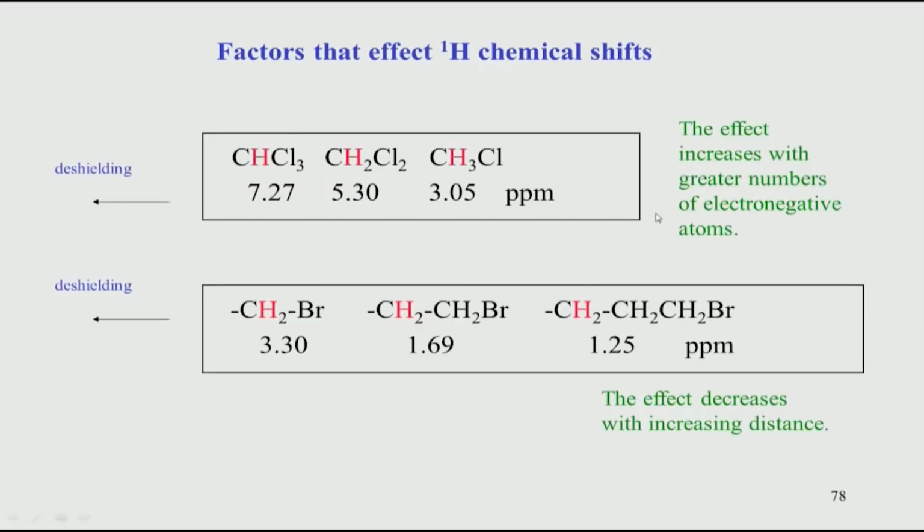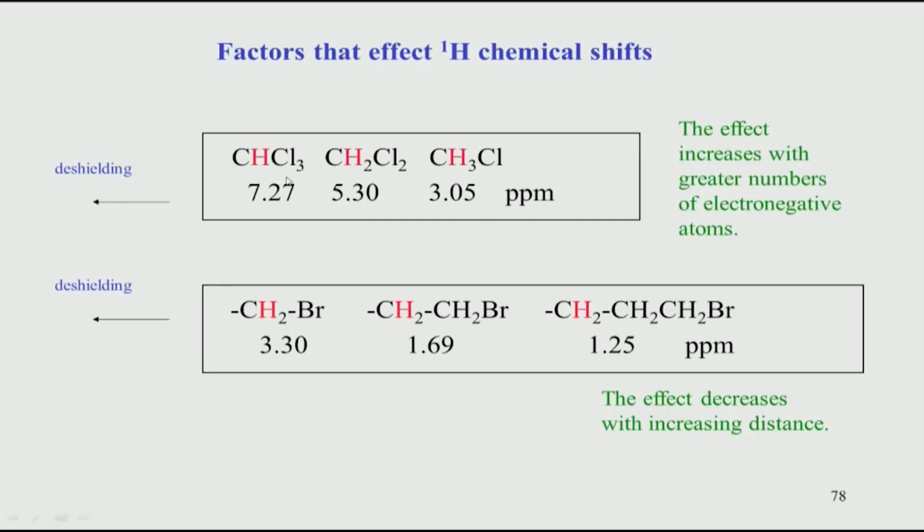Now, let us look at what happens if we look a little bit more at the inductive effect. You can see here there are more chlorine atoms attached compared to methyl chloride. So, this is methyl chloride, methylene dichloride and chloroform. In chloroform there are 3 chlorine atoms. When you have 3 chlorine atoms, you expect more electronegative effect, because 3 are stronger in pulling electron density than 1 chlorine atom.